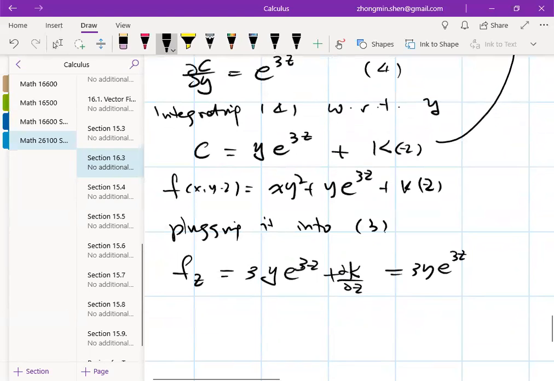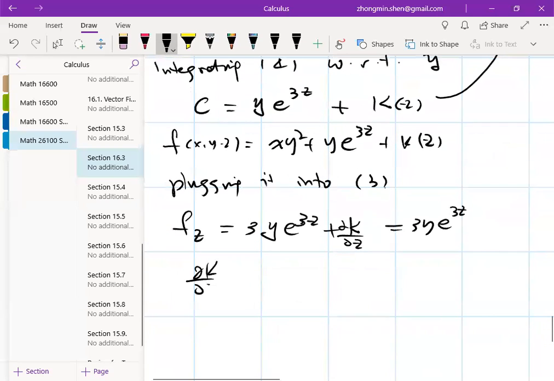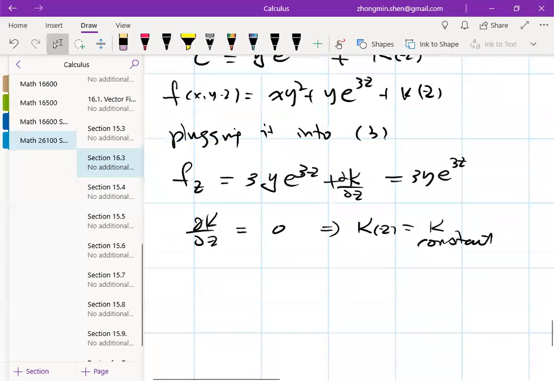So that means K' is going to be 0. Okay. So that means K should be a constant. Constant, okay. So now we finally get a function of 3 variables.